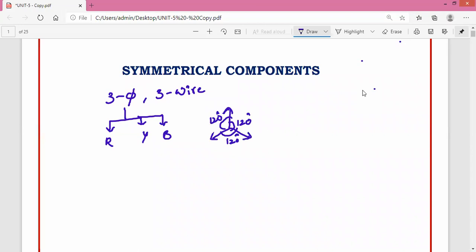We are interested in working on a balanced system instead of an unbalanced system, because in a balanced system the voltage magnitudes of the three phases VR, VY, and VB will be equal in magnitude. Let me say it is V.